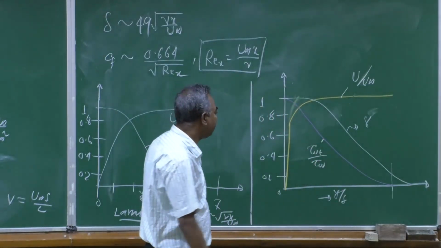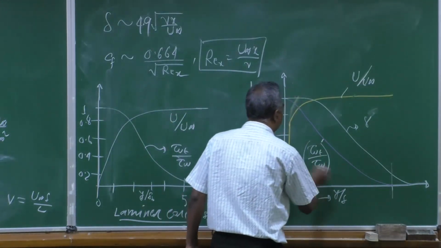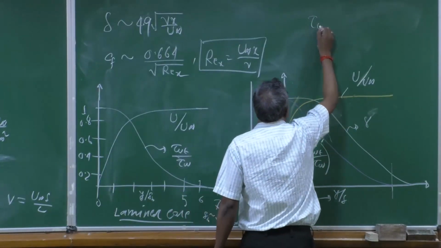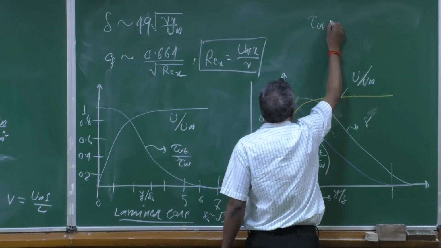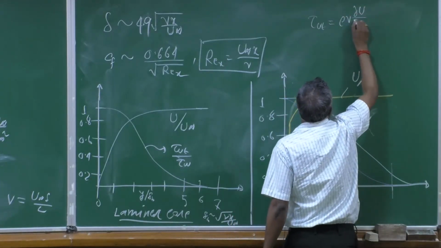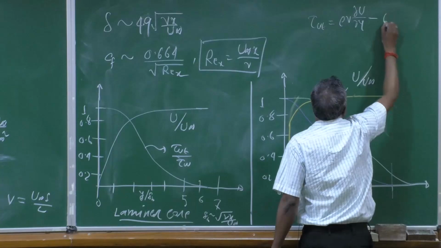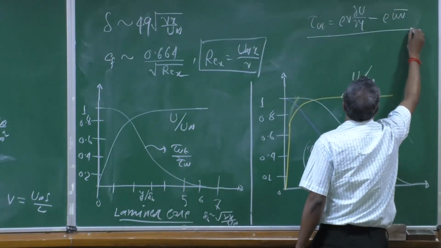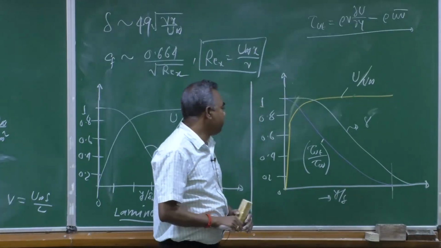Here, tau v t is given by rho nu del u del y minus rho u v bar.